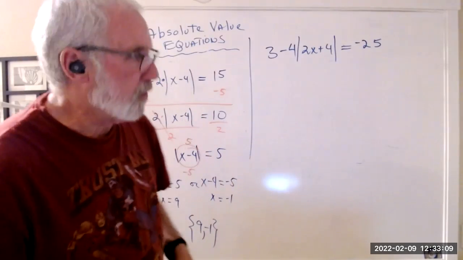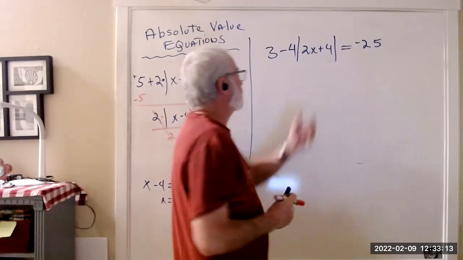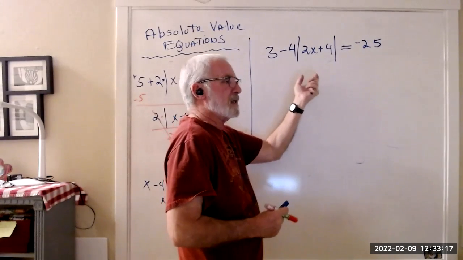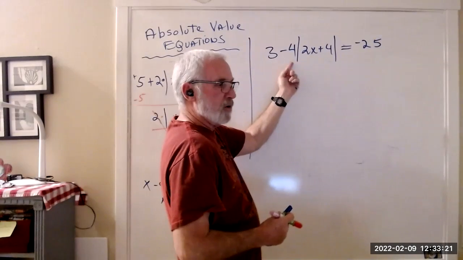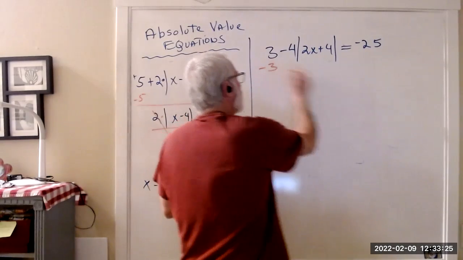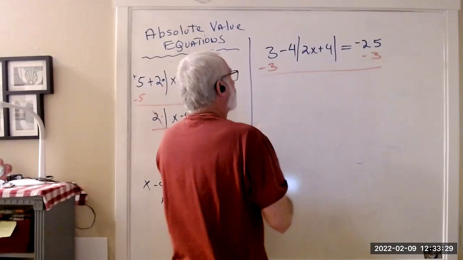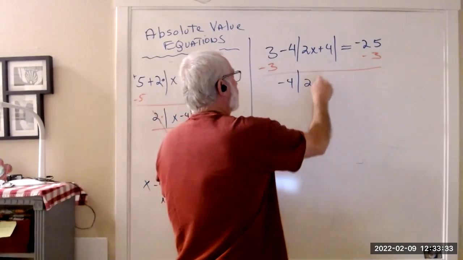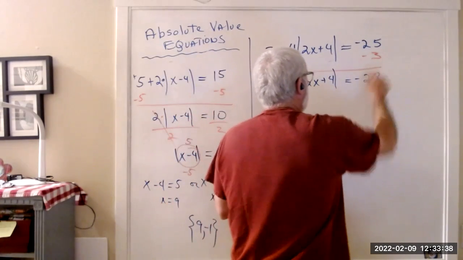Okay, so based upon what we did over here, we know we have to split it because it's absolute value, but we can't split it yet. We've got to get rid of the 3 and the -4. So we're going to take 3 away from both sides. That's going to leave -4 times the absolute value of 2x plus 4 equals -28.